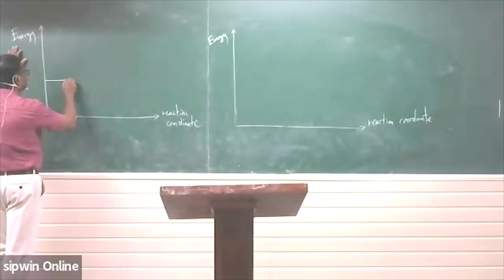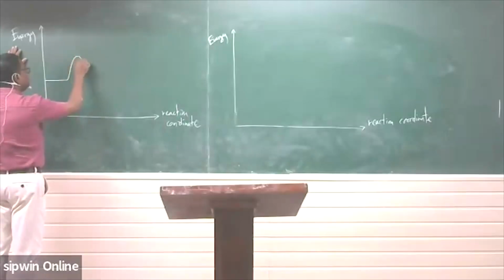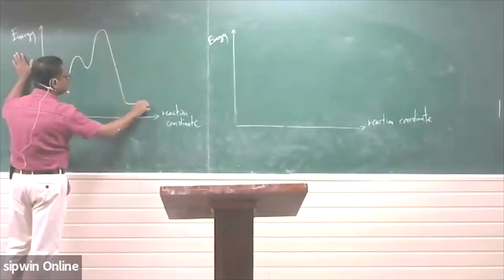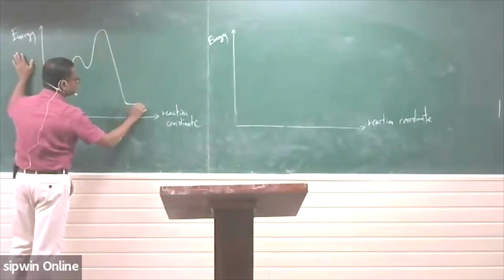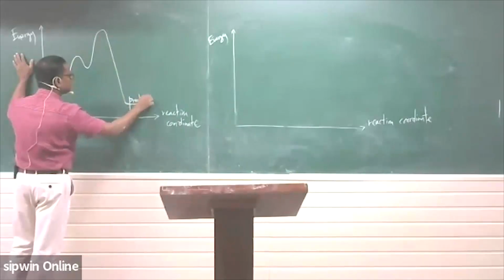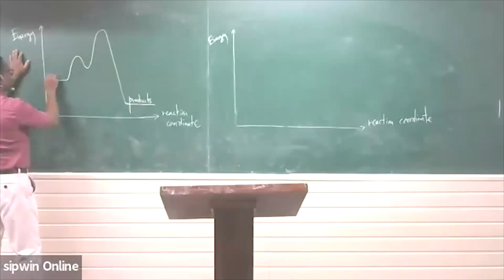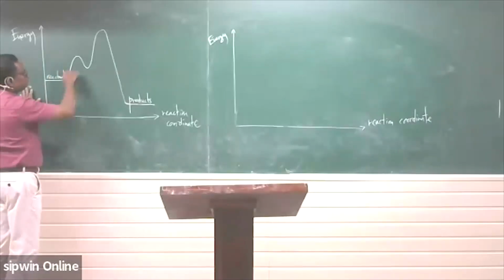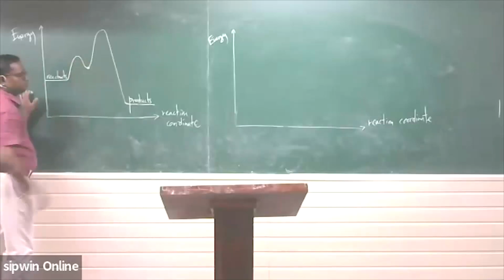Reactants. Small energy barrier and a large energy barrier. And come to the products. Reactants. First, this one produce intermediate here.